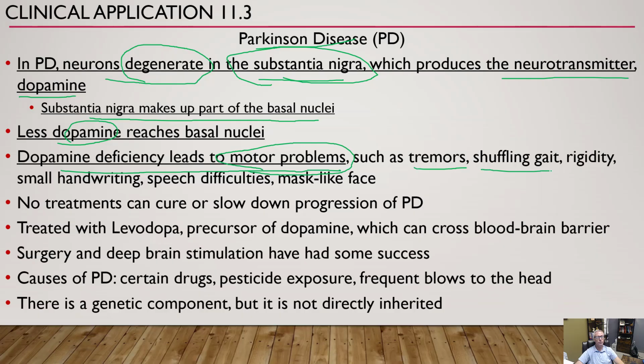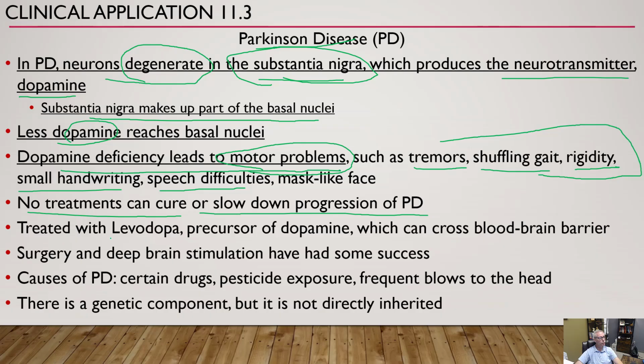So you're going to see tremors, shuffling gait, rigidity, handwriting issues, speech difficulties. And essentially, with that degeneration, you're going to see an increase in these symptoms. There's really no cure, and you really can't slow down the progression of Parkinson's disease.